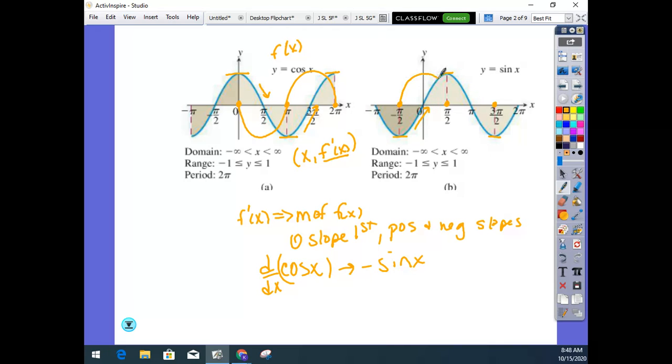That means it's above the x-axis. Then we have a negative slope. That means that's below the x-axis. That graph looks pretty much like cosine. So the derivative of sine is just cosine. You pretty much have to just memorize all 6 trig derivatives, and you'll get better at that, I promise.